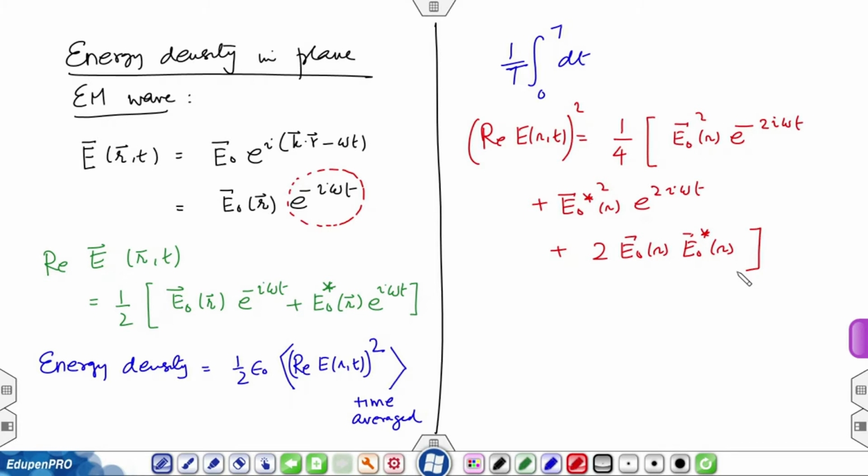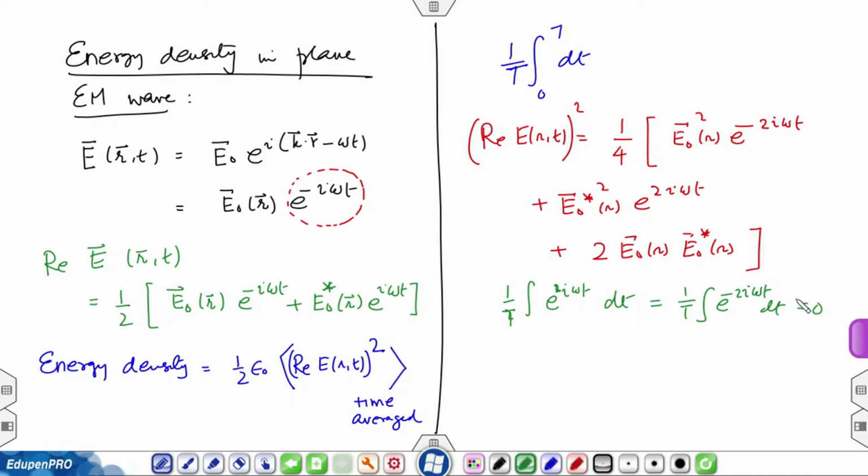And the time average of e^{2iωt} is the same as 1 over T integral of e^{-2iωt} dt, which is 0.